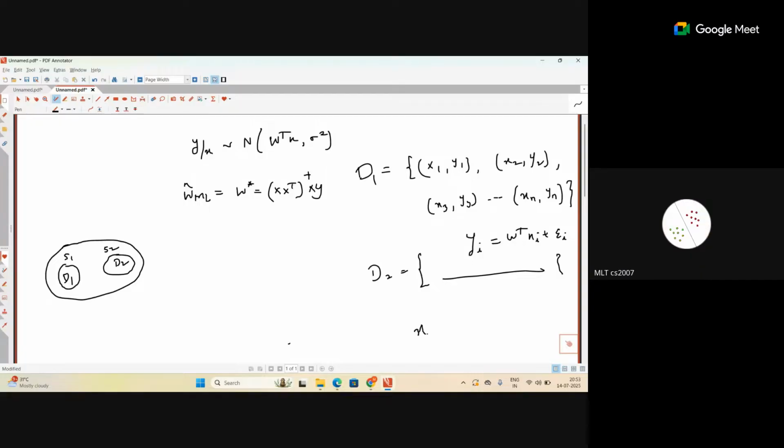Xi will be in d dimensions, you will have d features, and yi will be in R. If xi is in R^d, then w also is in R^d. I hope all of you remember that.